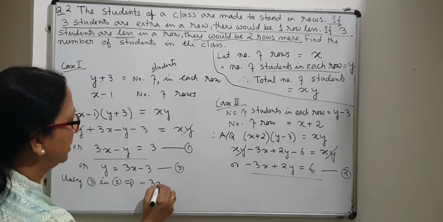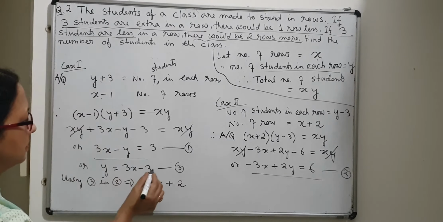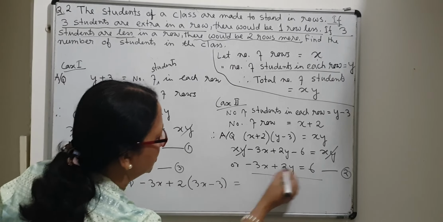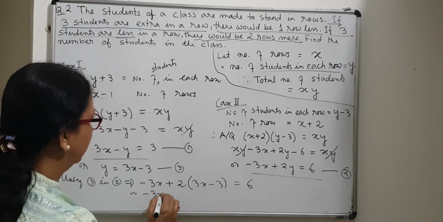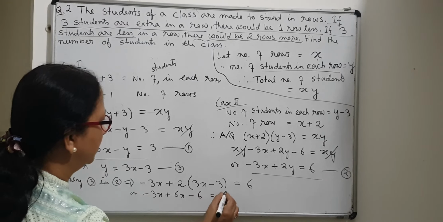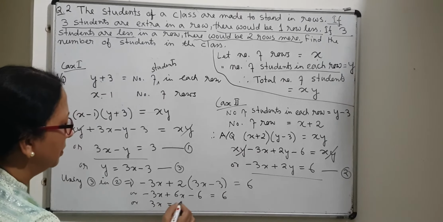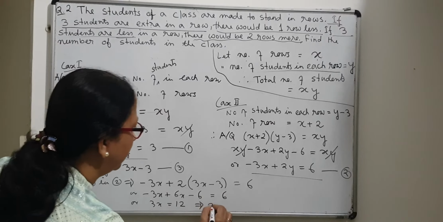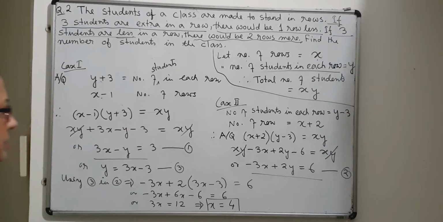Minus 3x plus 2y, so 2 into this y I will be substituting, 3x minus 3, is equal to 6. Then I can solve for x: minus 3x plus 6x minus 6 is equal to 6. So 3x is equal to 12, which gives you x is equal to 12 by 3, that is 4. So I have solved for x is equal to 4.